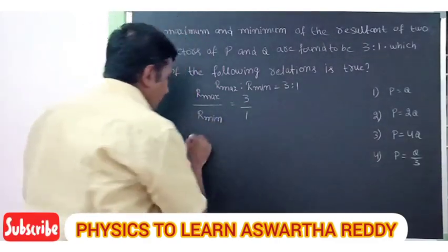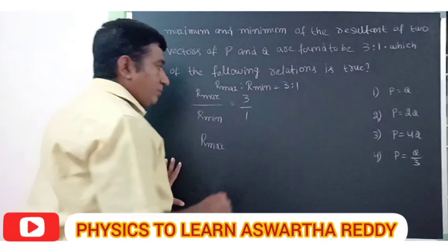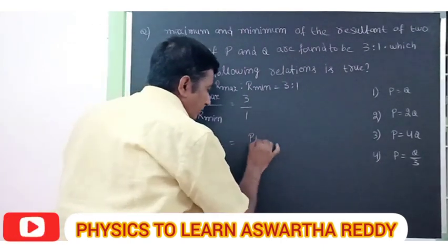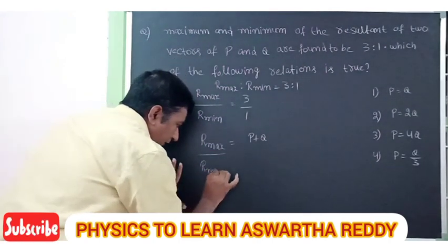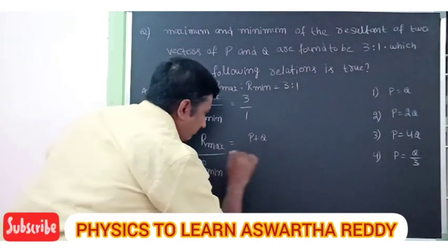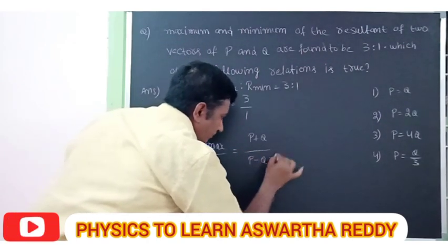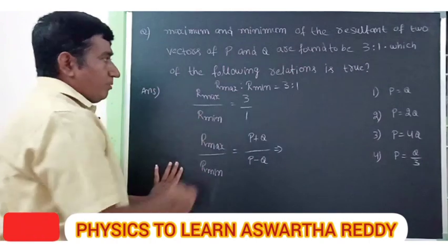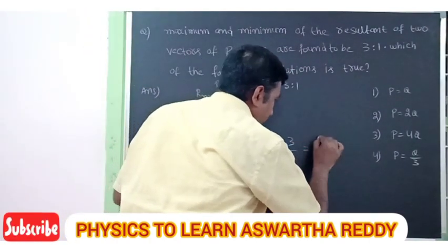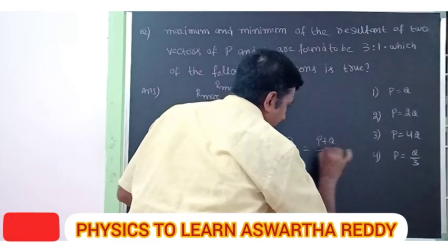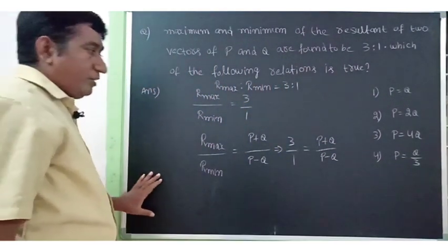But what we know is, R maximum we get when the vectors are parallel, which is P plus Q. R minimum is when they are anti-parallel, which is P minus Q. Here R maximum by R minimum is already given as 3 by 1, which is equal to P plus Q by P minus Q. On solving this, we can get the answer.